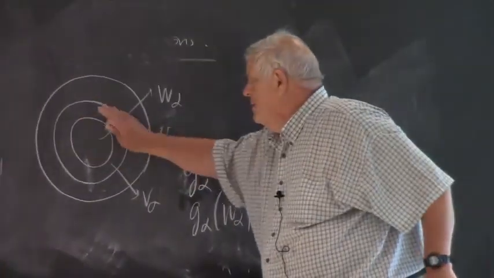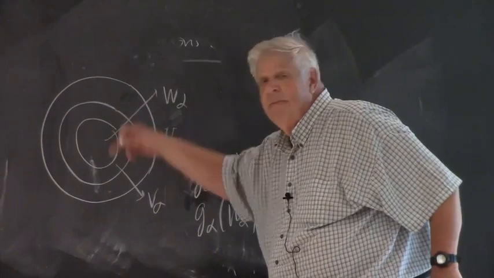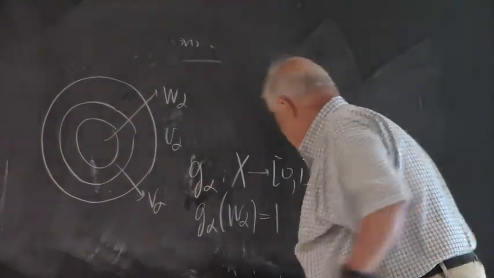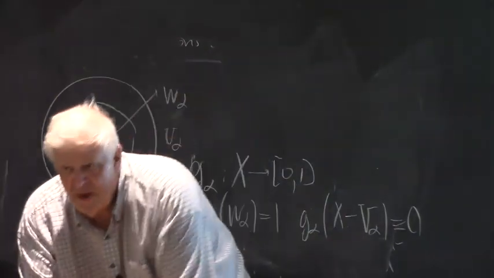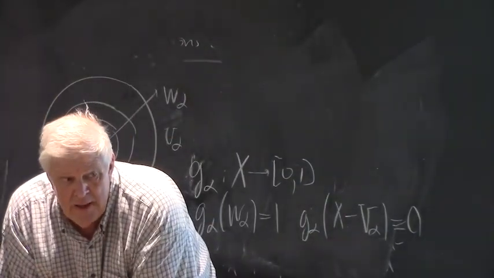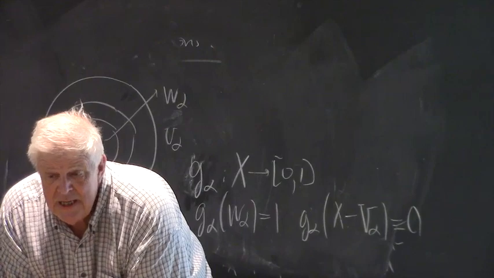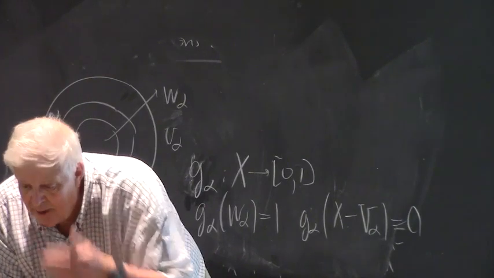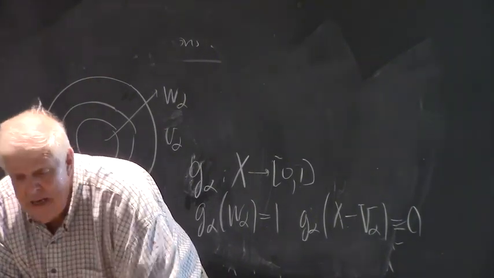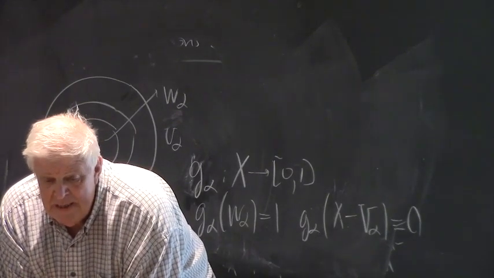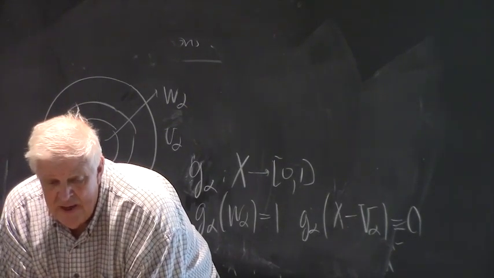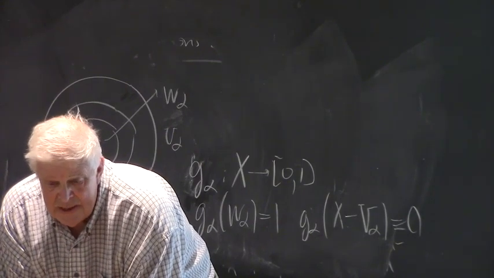Imagine 1 here, 0 here, and something between. This is a locally finite family of functions because the support of g alpha is contained in U alpha, so the family of supports is contained in the cover, so it is locally finite.